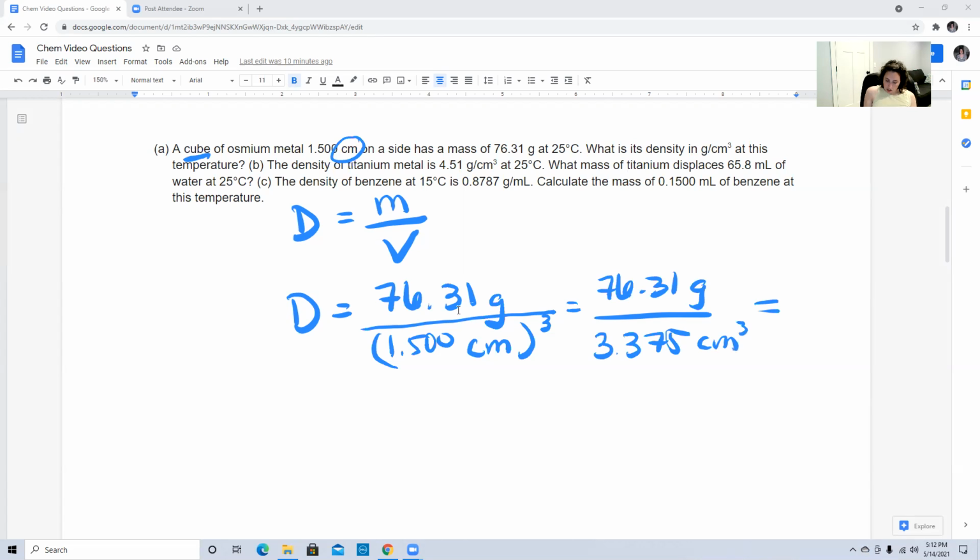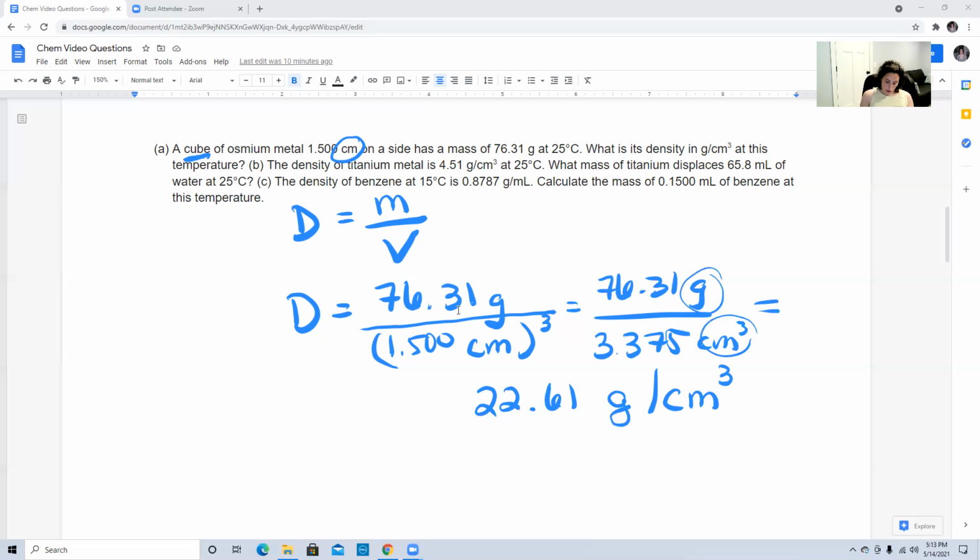And then I just need to do that division. 76.31 divided by 3.375. We have 4 sig figs, so 22.61, and my labels are grams per centimeter cubed, and that is the label they asked for. So that is the final answer for A.